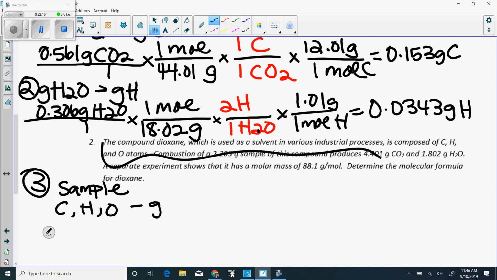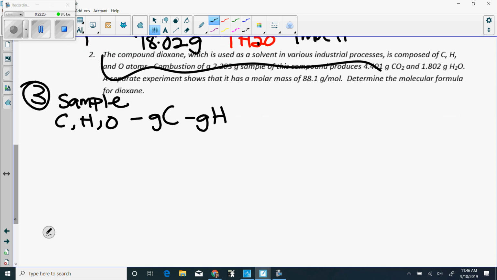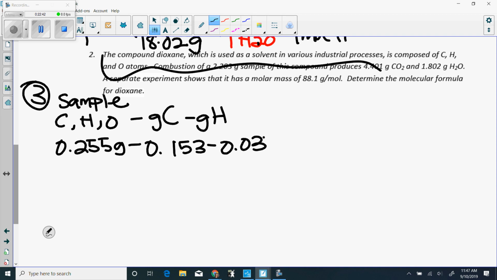I now know how many carbon grams I have, and I now know how many hydrogen grams I have, so I can easily get my oxygen. So I think it says in the problem I have 0.255 grams altogether, and I already figured my carbon, and I already figured my hydrogen. The only thing else it can be is oxygen. There's nothing else in there.